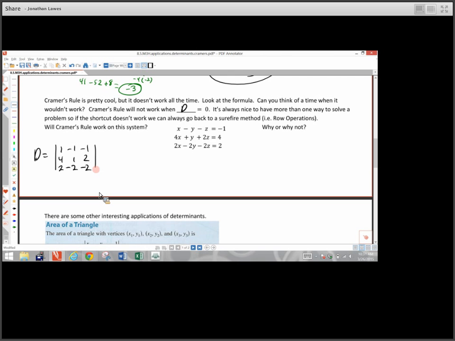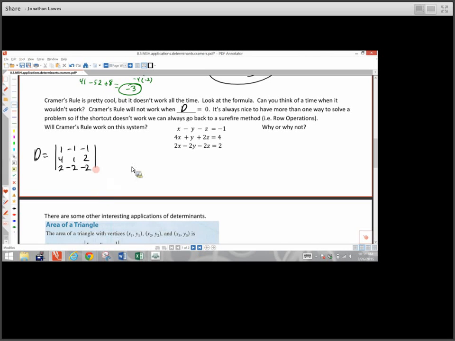Take a look at the first row and take a look at the last row. The first row is 1, -1, -1. The last row is 2, -2, -2. Remember, this represents a system of equations, so all of those normal operations that I can usually do.